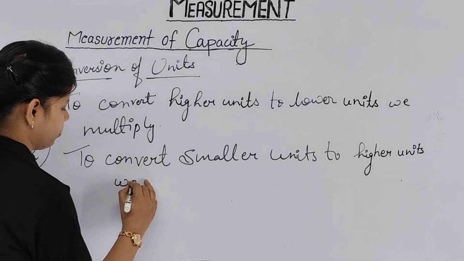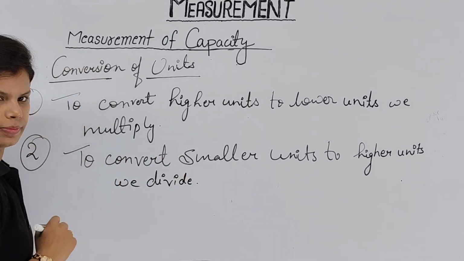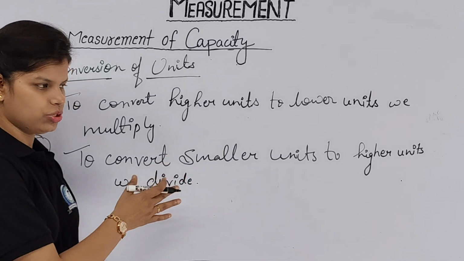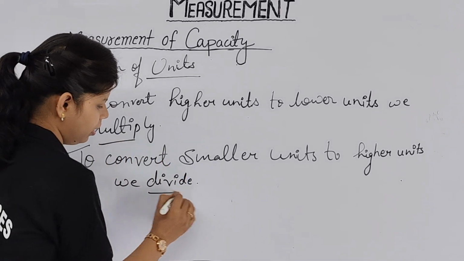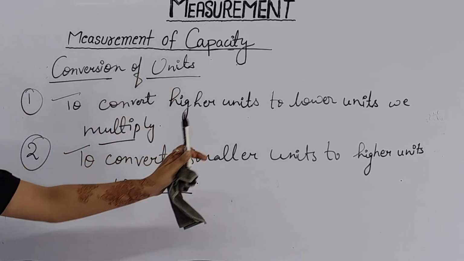We divide. Understood, no? Please don't make any confusion over there. Note it down. To convert higher units to lower units, we multiply. To convert lower unit or smaller units to higher units, we divide. Understood? Now next of yours will be your liter to milliliter conversion.